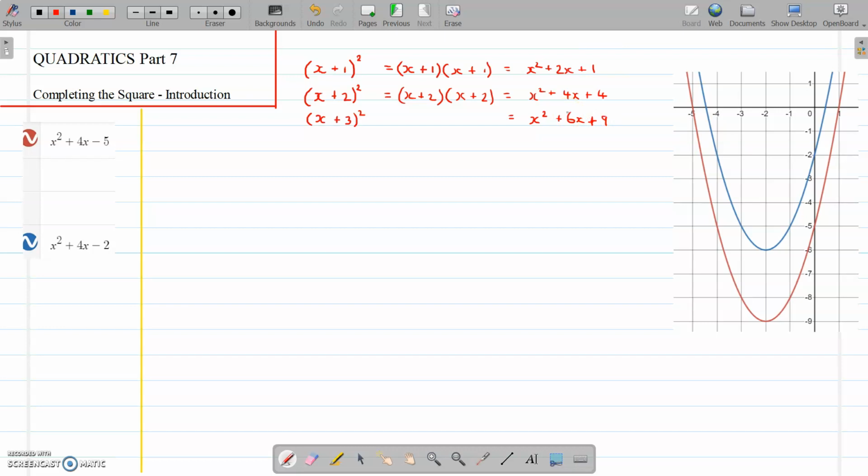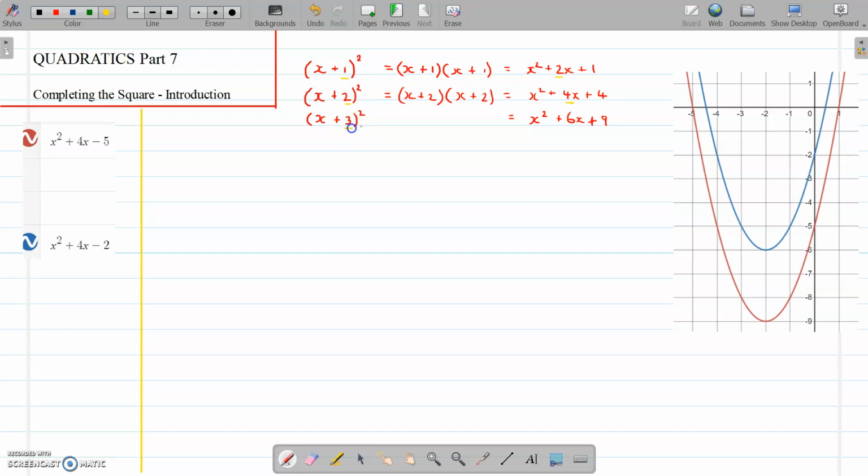Now the most significant and important part of this is to recognize that whatever number you've got at the end of the bracket, you double it to get the coefficient of x in the expansion. So double 1 gives me 2. Double the 2 gives me 4.